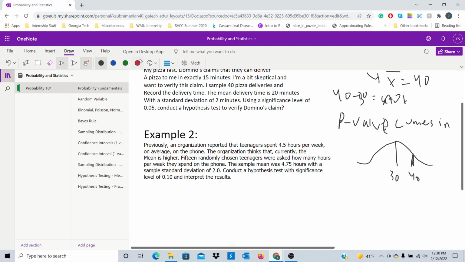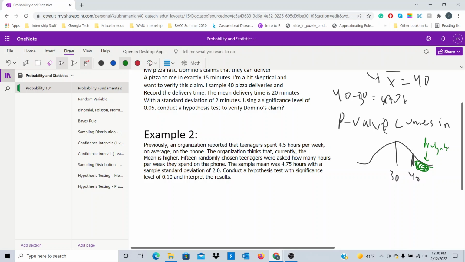We want to test, okay, if I'm getting a sample whose mean delivery time is 40 minutes, what is the chance of getting something a little bit more extreme? So what is the chance that I can get a sample where the mean delivery time is above 40? What's the likelihood of me getting something that extreme? So we want to find this probability.